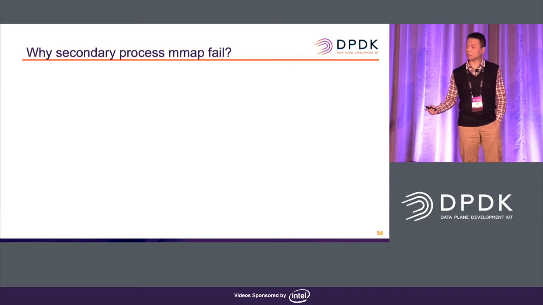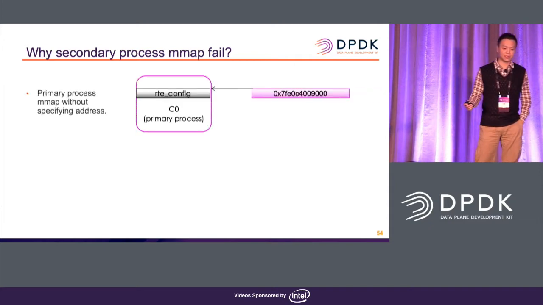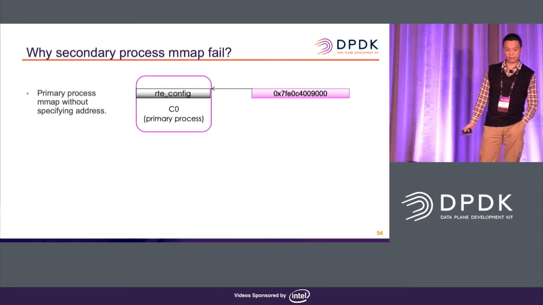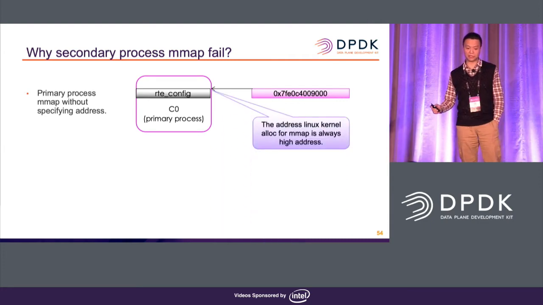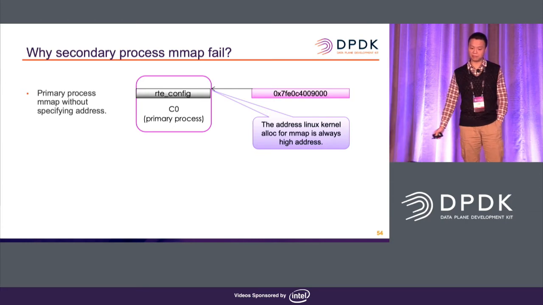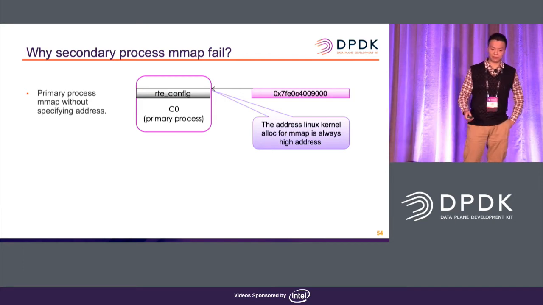Why does the secondary process mmap fail? The primary process mmaps without specifying the address. So it uses the address the Linux kernel allocates for the mmap. It's always a very high address, such as 0x7f in hexadecimal.